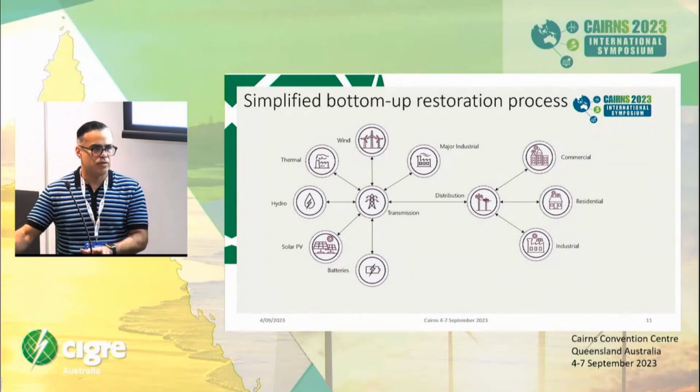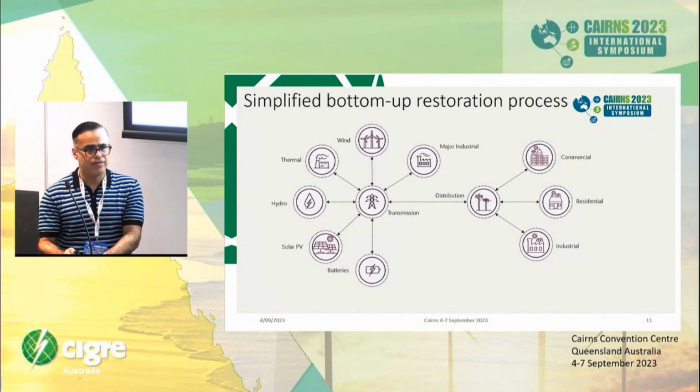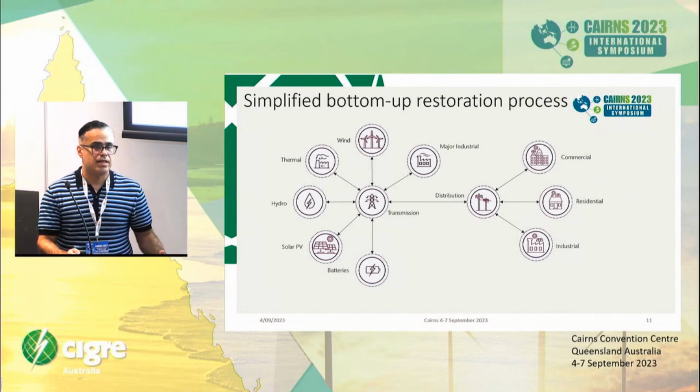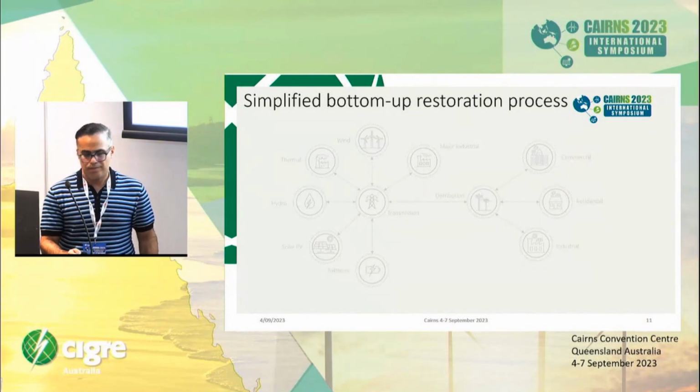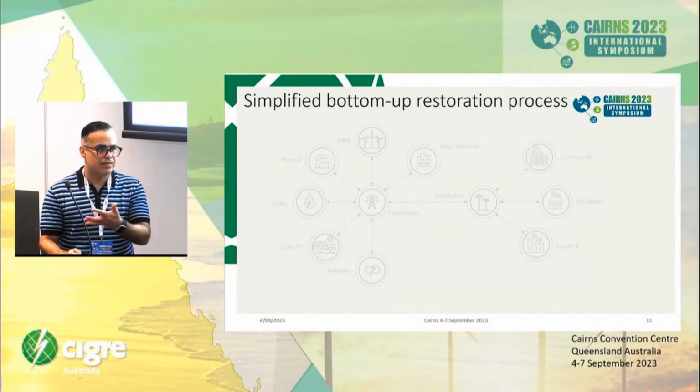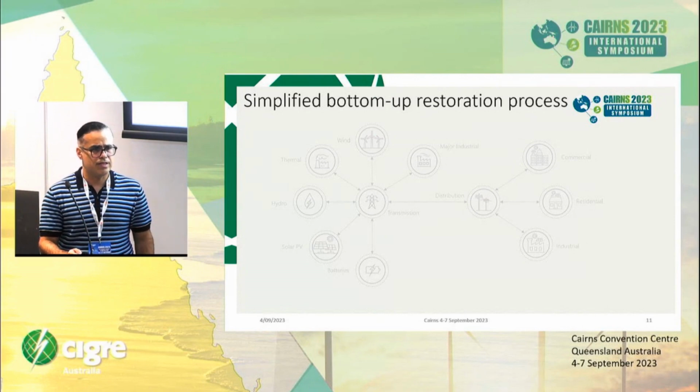bottom-up system restoration process, but this is the most common approach in this country and many other countries, to have the assurance that if you require black start, a generator is available and has been tested previously. The logic is that if the system goes out completely with zero electrons, we would use a black start generator.